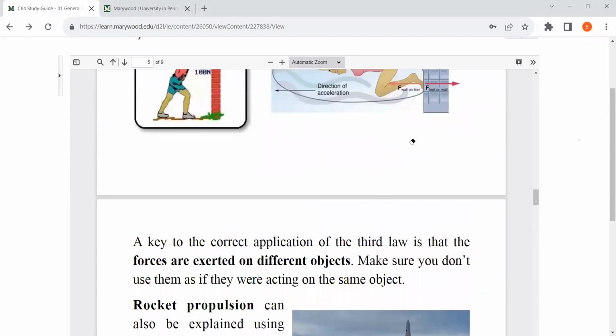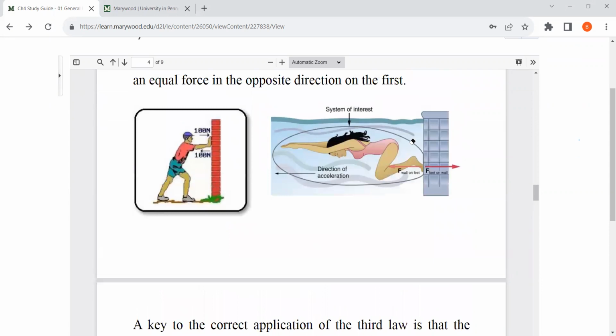For example, here you see this is one object, this is another object: the lady is one object, the wall is another object. So action reaction pairs act on two different objects. When we talk about Newton's third law, remember that we are talking about two different objects.